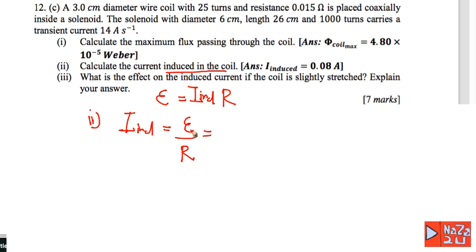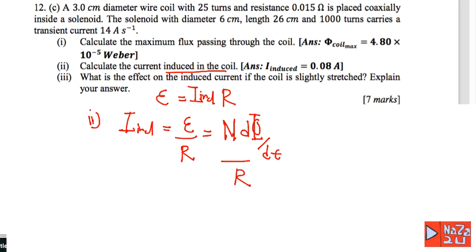Induced EMF in the coil is the number of turns of coil times the rate of change of flux, divided by R.